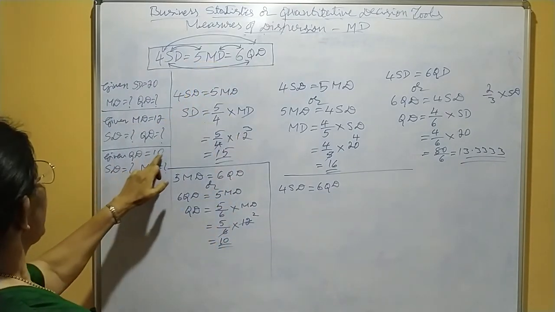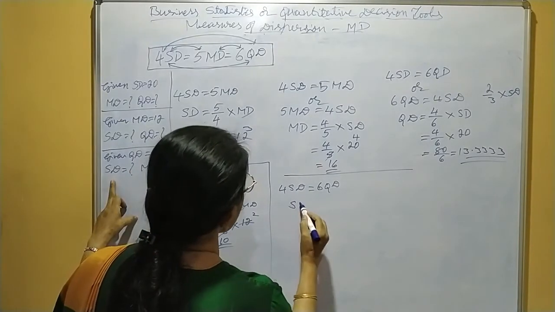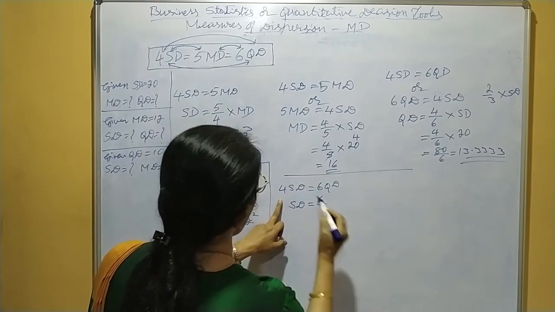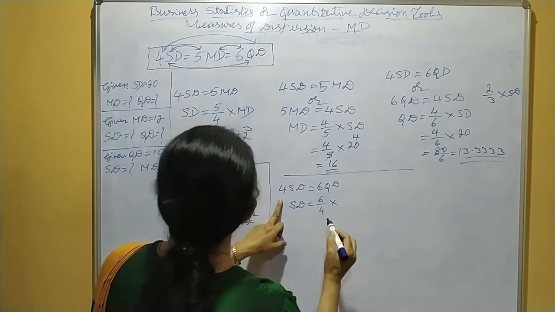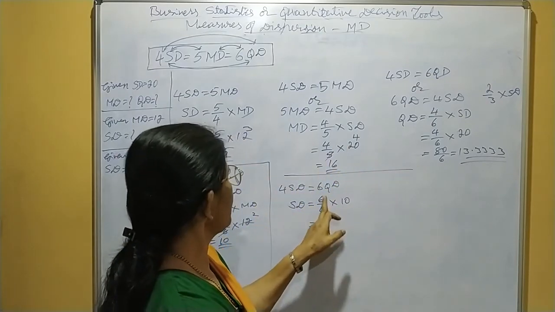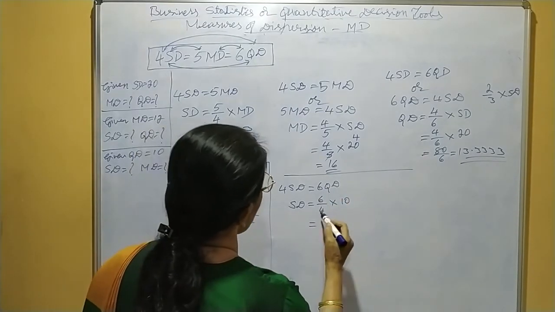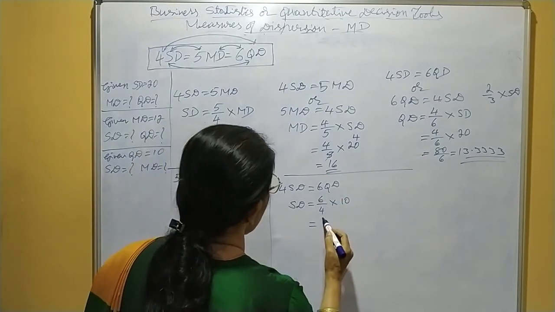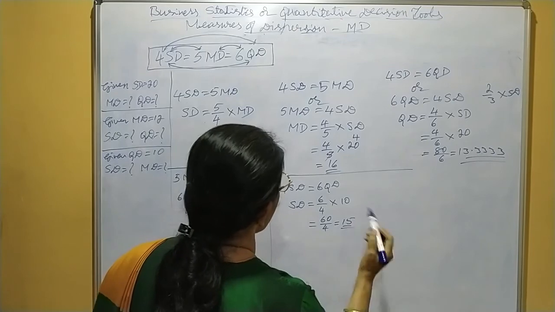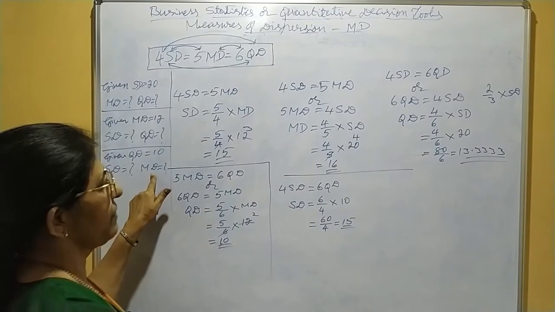Given quartile deviation, we have to find out standard deviation. Standard deviation on the left side itself, written as it is, 4 into SD. That multiplication will become division into quartile deviation 10. Or as I have already told you, this may be taken as 3 by 2 also. 2 2s are 4, 2 3s are 6. Like that also you may take. 6 into 10, 60 divided by 4, it comes to 15.